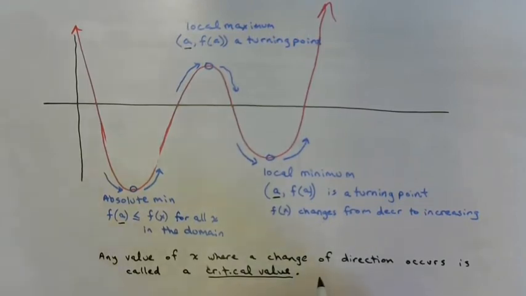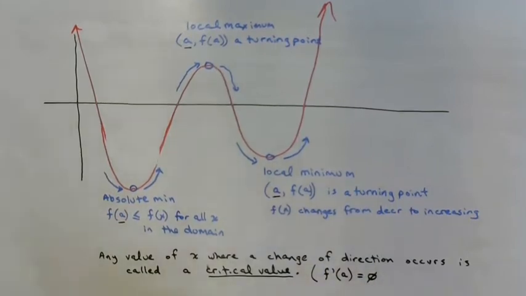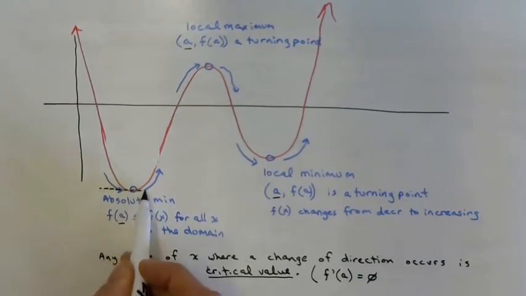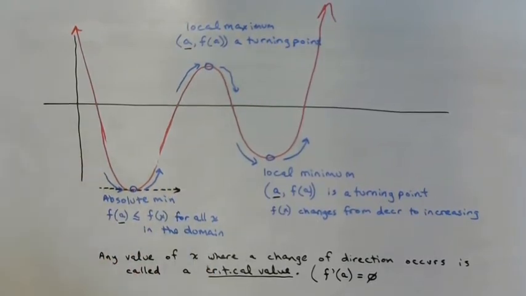So what's true about a critical value? Maybe just in brackets. If it's a change of direction, then the value of the derivative at that point is 0. If it's a change of direction, then the slope of the tangent is 0. Yeah?